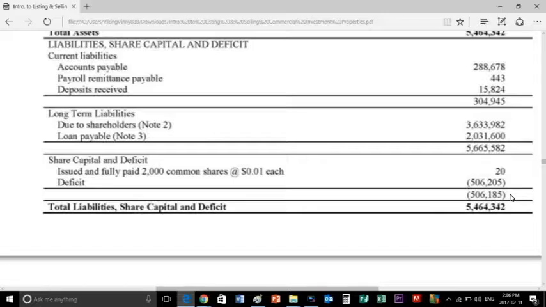And the total becomes minus $506,185. So we have the total liabilities, share capital and deficit comes out to $5,464,342. So it's basically almost 5.5 million.